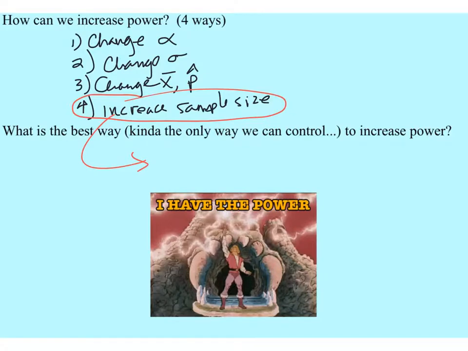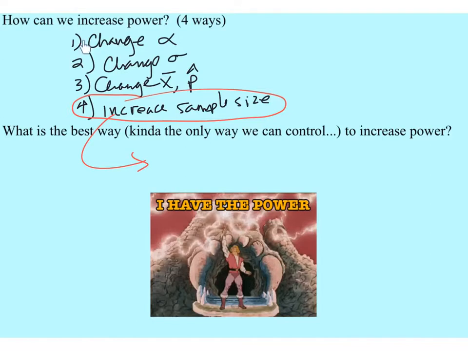Okay, so let me just run through the 4 things we just talked about. We had 4 ways to increase the power or decrease type 2 error. We could change the significance level, we use alpha for that. We could change the deviation. We could change the center of our alternative curve, or we could increase the sample size.